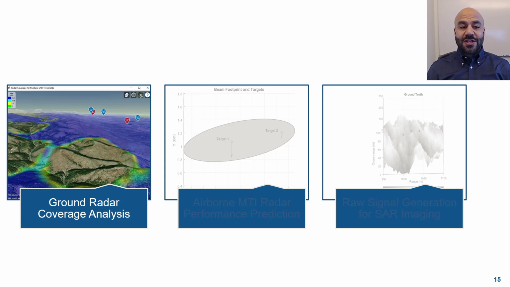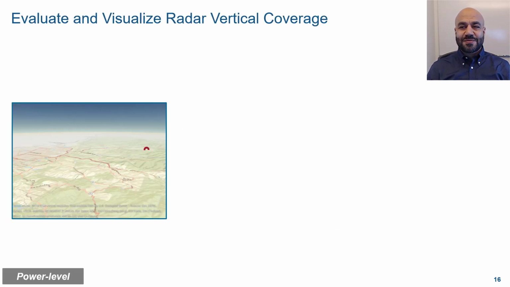We will start with coverage analysis for a ground radar. You can evaluate and visualize radar vertical coverage. Here we are importing a detailed file to model the elevation height map of the area, and we locate our radar at a certain location shown here.